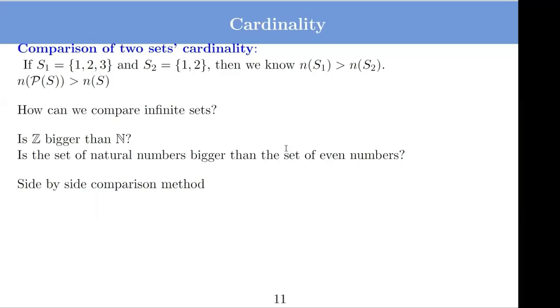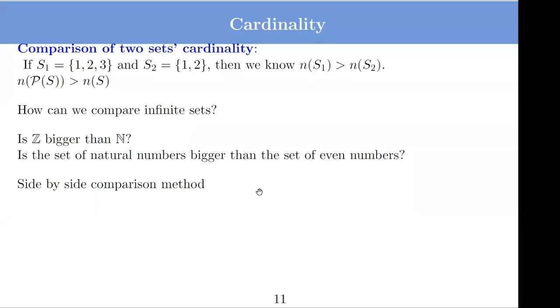To apply that, what we do is we pick one number from the first set, pick another number from the second set, put them together, and we keep on doing it until one set is exhausted. This example works for finite sets.